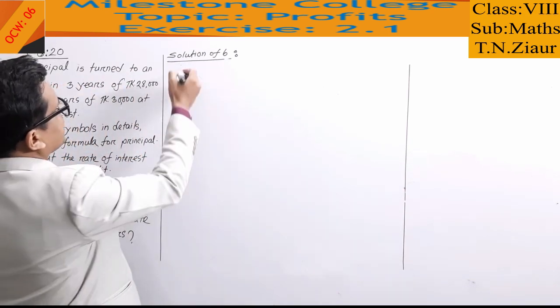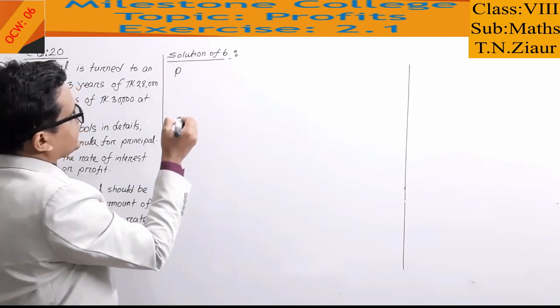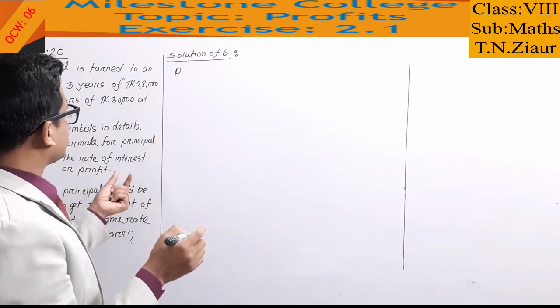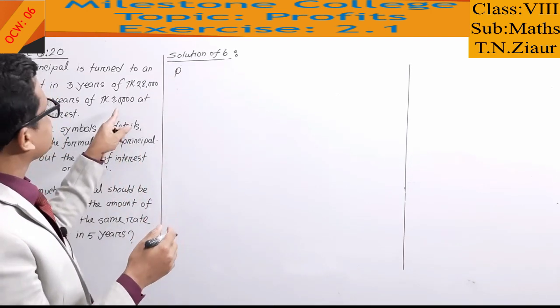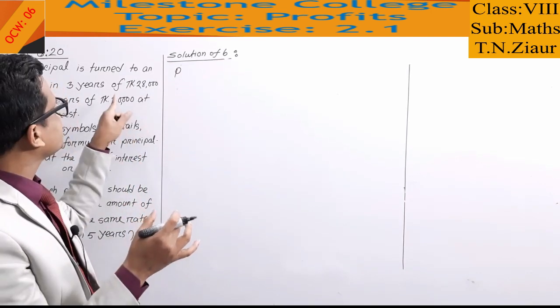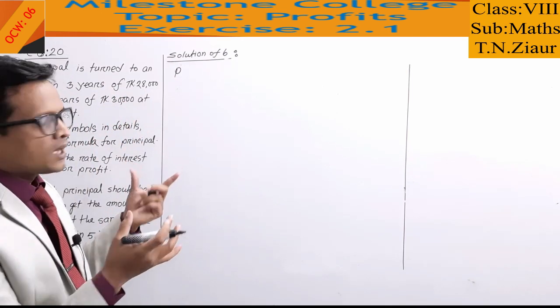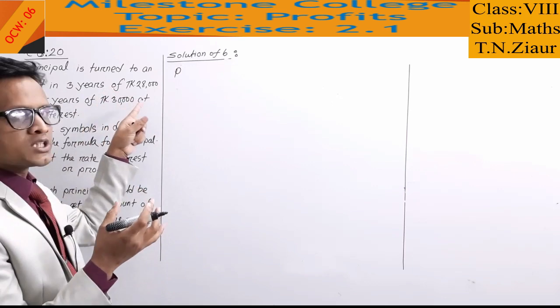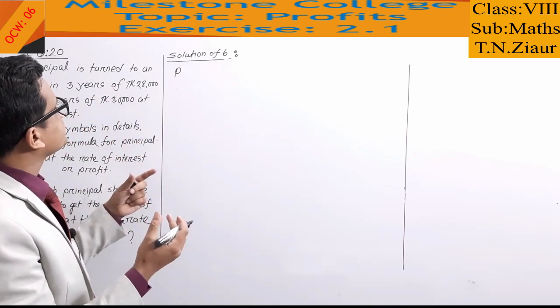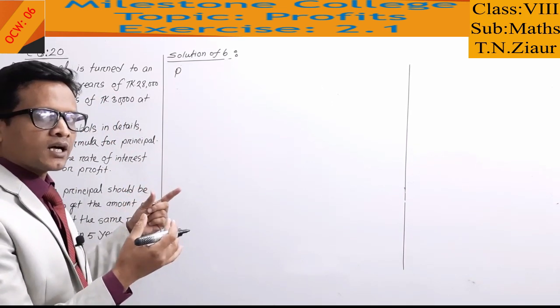So we have to find the profit first, otherwise we can't find the rate of interest, because we need profit. Then we also need principal, but here only the profit principal and the time are given. So we have to find the interest first, then we will get the principal.